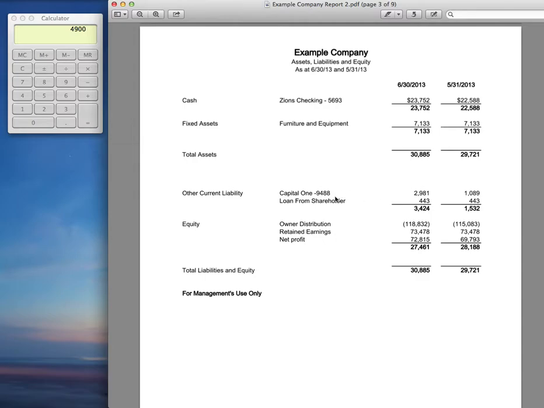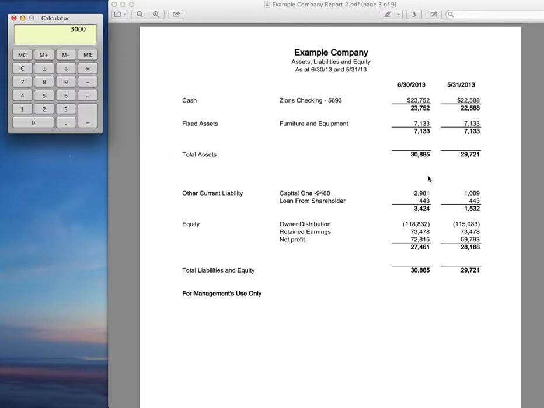Well, that's where we come back to this liability account. You can see that during June, the owner put about $1,900 on the credit card, right? If we take $2,981 minus $1,089, that's about $1,900. And we subtract that $1,900, and that gets us back to our $3,000 profit.